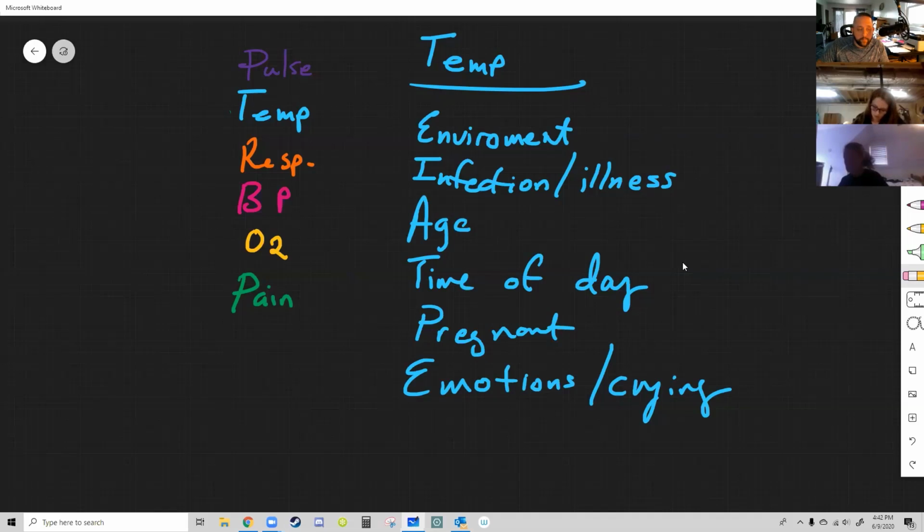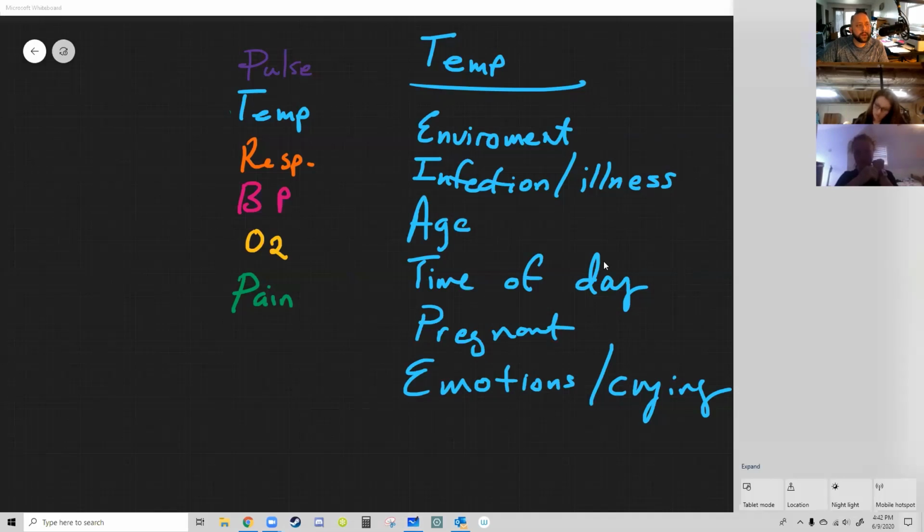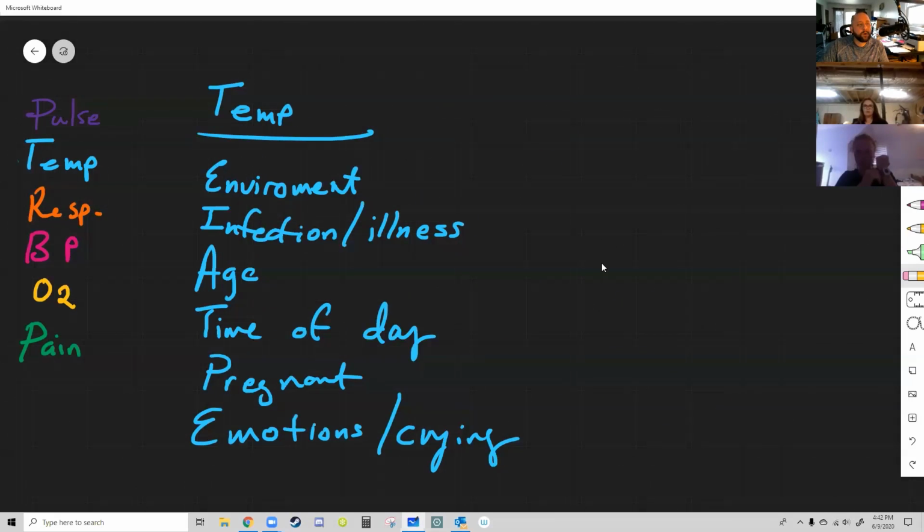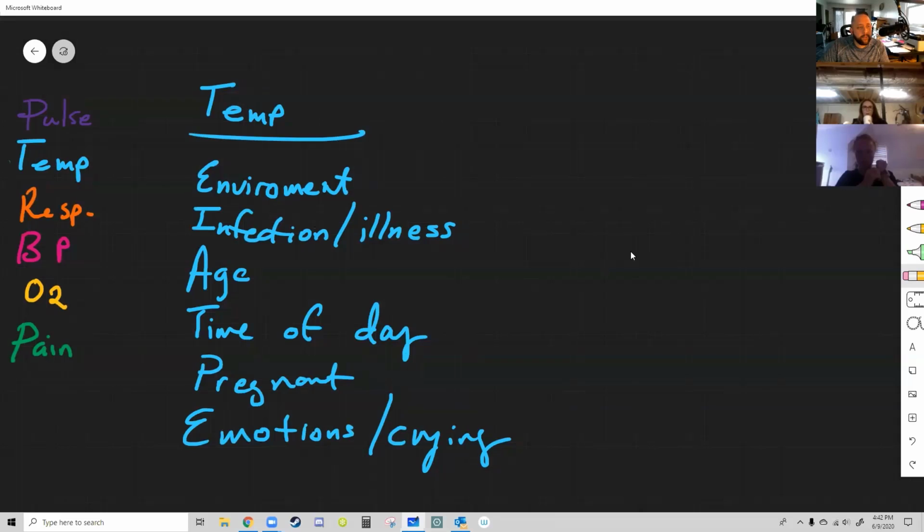That's a good question. Emotions like crying can raise our temperature. So that pretty much covers the big factors here. So where can we take a temperature? We can take a temperature under our tongue, right? Yeah. Oral temp.